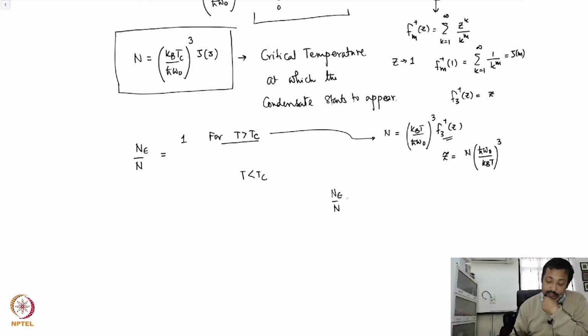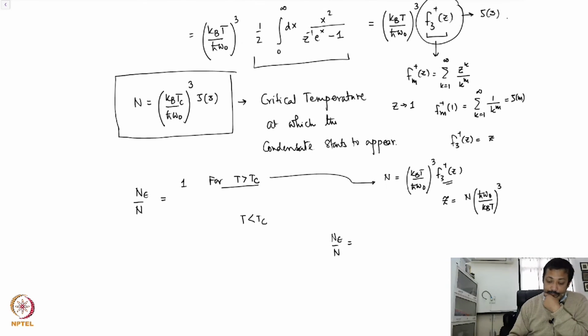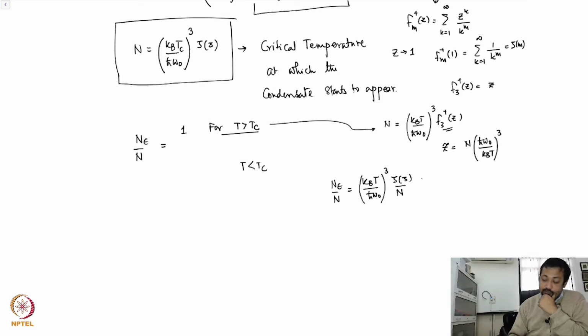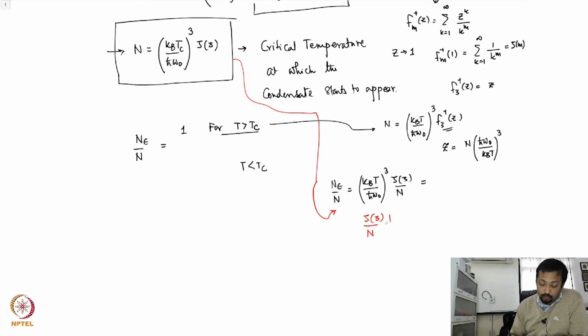N_epsilon over N is going to be (kBT over h bar omega naught) whole cube times zeta of 3 divided by N. If I use this relation over here, I write down essentially zeta 3 divided by N, times 1 over (h bar omega naught) whole cube, is going to be 1 over (kBTc) whole cube, so that this expression becomes (T over Tc) whole cube.